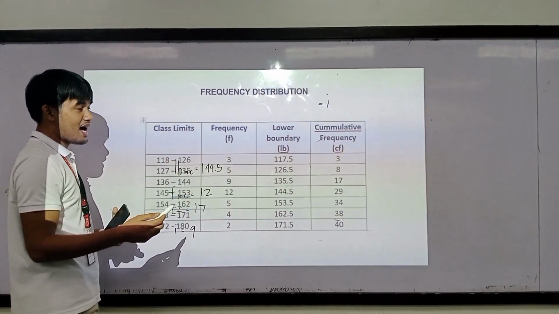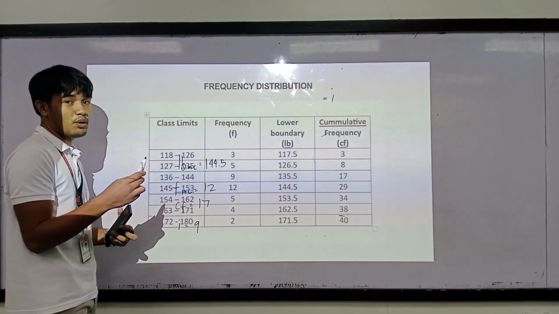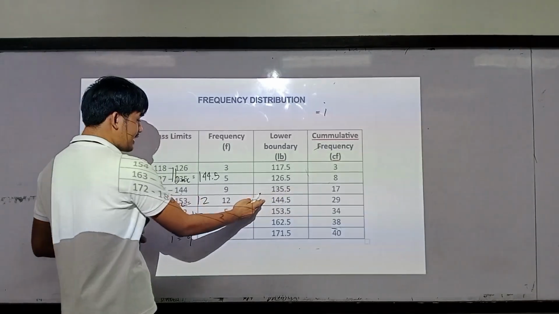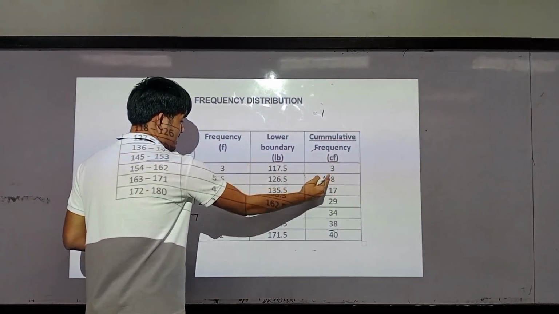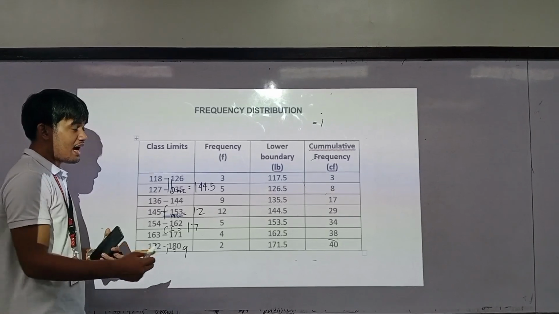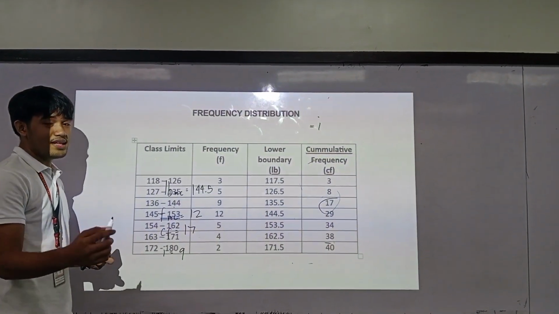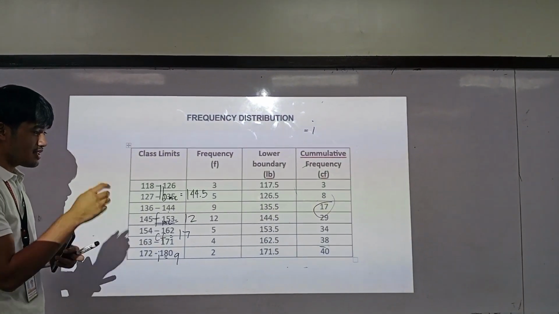Then it means that your data or your interval will end up in the value of 8. And in the third class, its cumulative frequency is 17. So it simply means that your data will end up on 17.